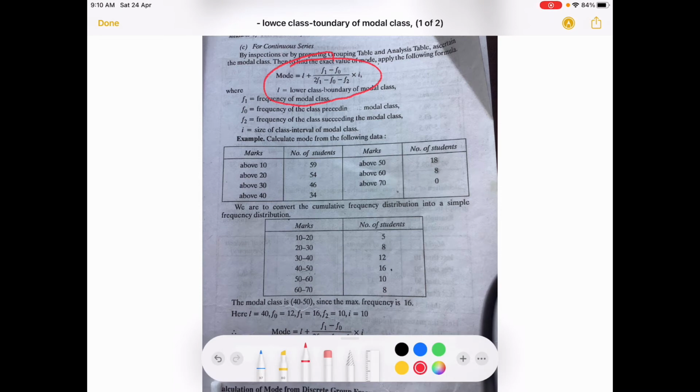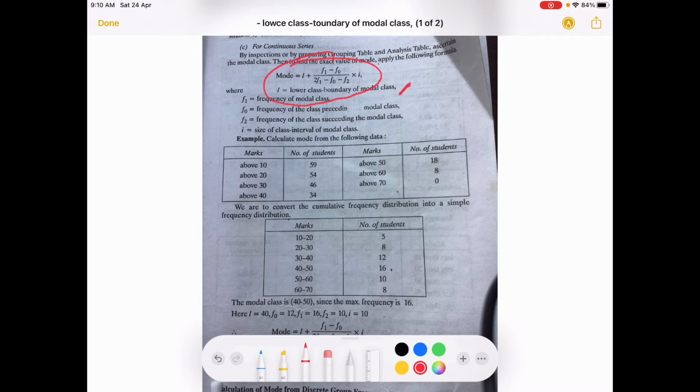Mode is equal to L plus (F1 minus F0) divided by (2 F1 minus F0 minus F2), into I. This is the formula whenever they give frequency and your variables are in class boundaries. L is equal to the lower class boundary of the modal class.